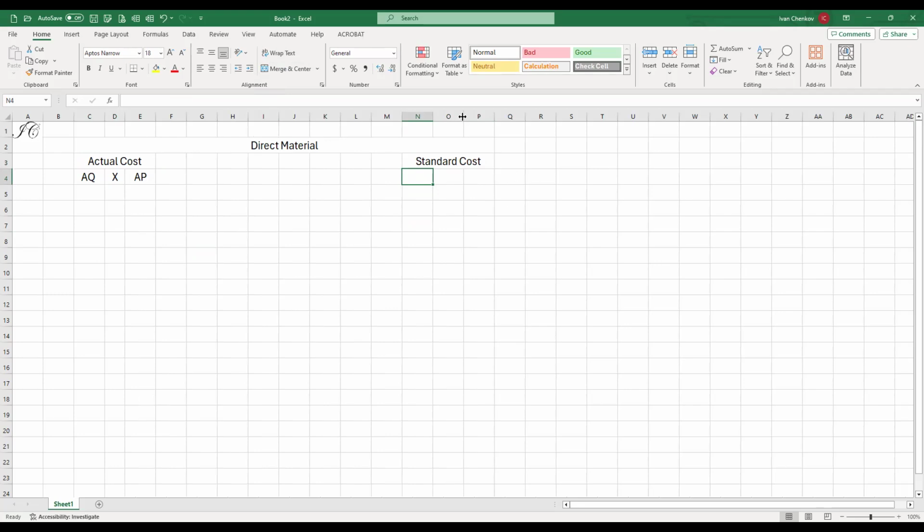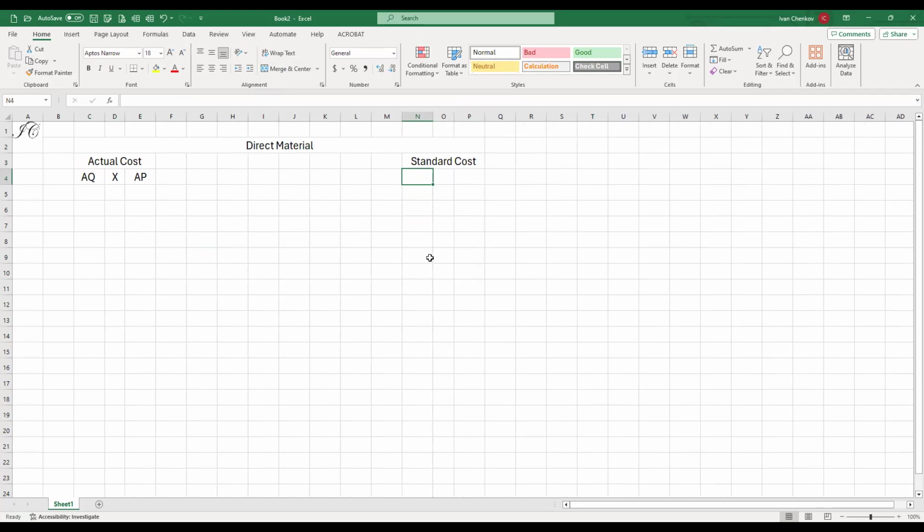What do you think? Would it be standard quantity times standard price? Yeah, standard price times standard quantity. Excellent. Yep, that's exactly what it's going to be. And you're absolutely correct. That's exactly how we're going to get this standard cost.